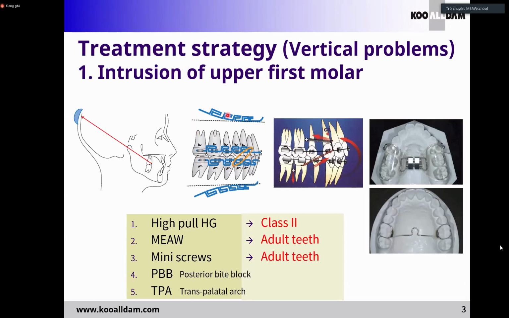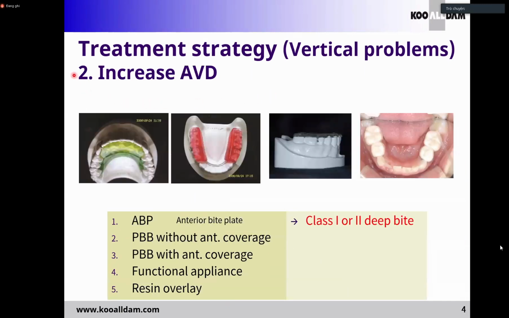We already mentioned this, intrusion of upper first molar. Second factor, increase anterior vertical dimension. In order to achieve this, we may use this kind of appliances. So anterior ABP, anterior bite plate.